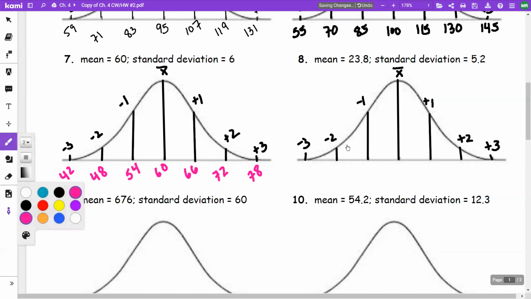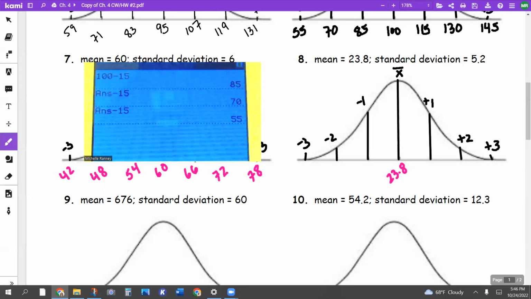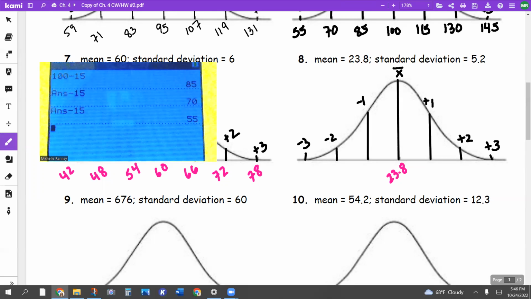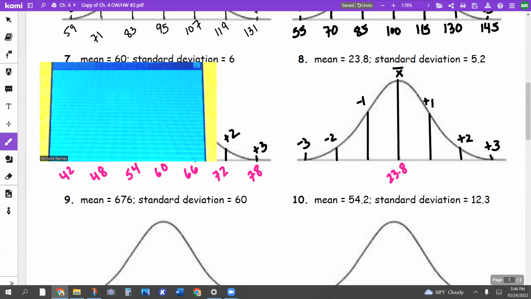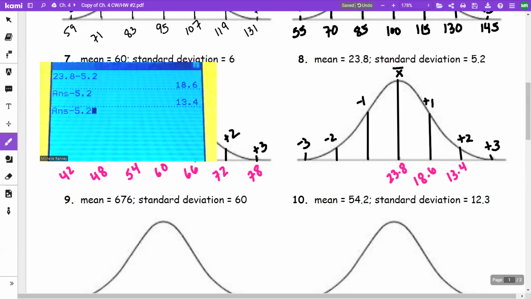We have a mean of 23.8 and a standard deviation of 5.2. So I'm going to take 23.8 minus 5.2. I get 18.6, minus 5.2, I get 13.4, minus 5.2, I get 8.2.